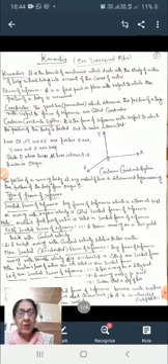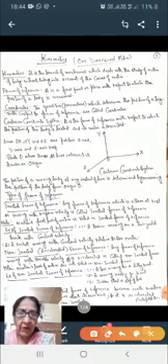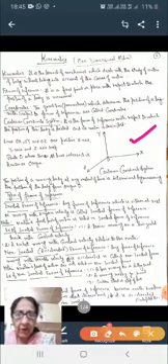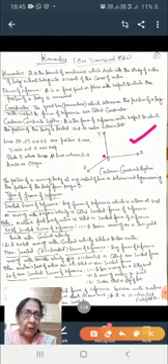So now how many coordinates are required to represent the position of the body? As you are taking this thing, here in this case you see you are considering OX representing x-axis, OY representing y-axis, OZ representing z-axis. And here this point O is known as origin.